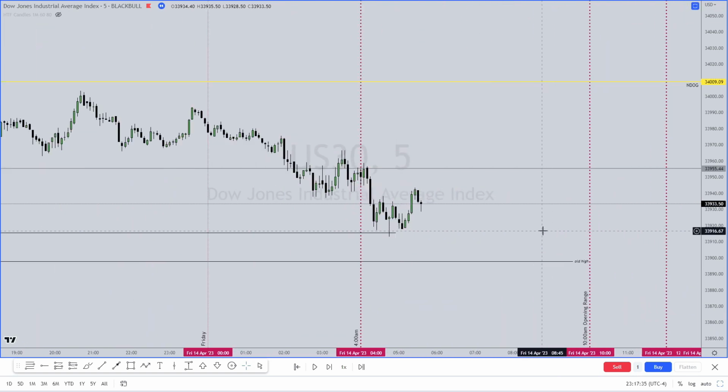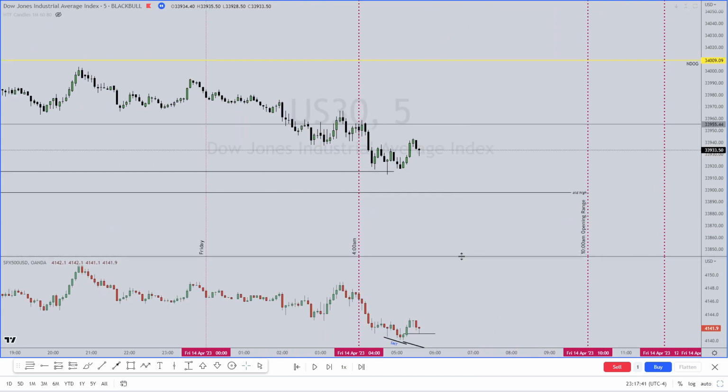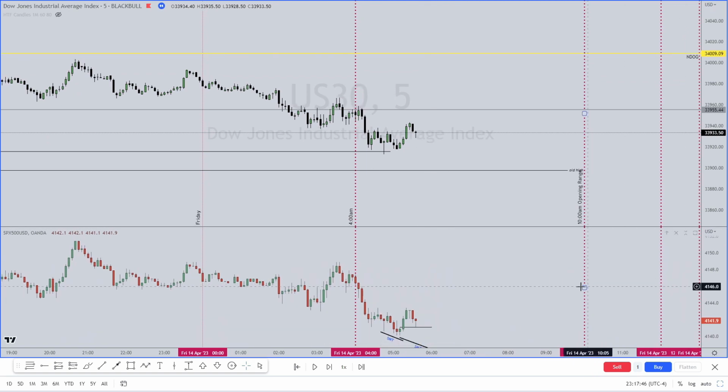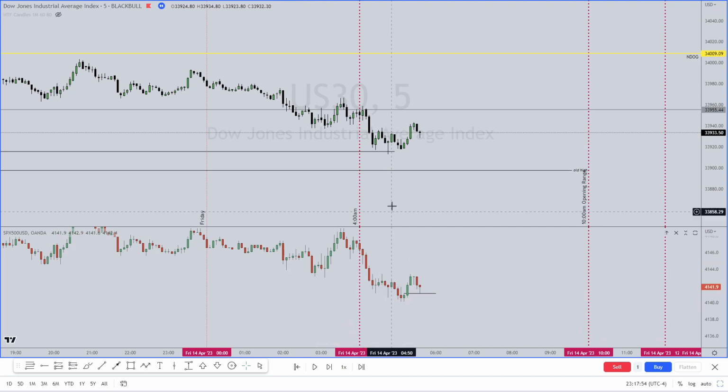Now this is a London trade, pre-New York. So we'll do a quick SMT check. And we mark out our low, or we find with our cursor the same swing point.